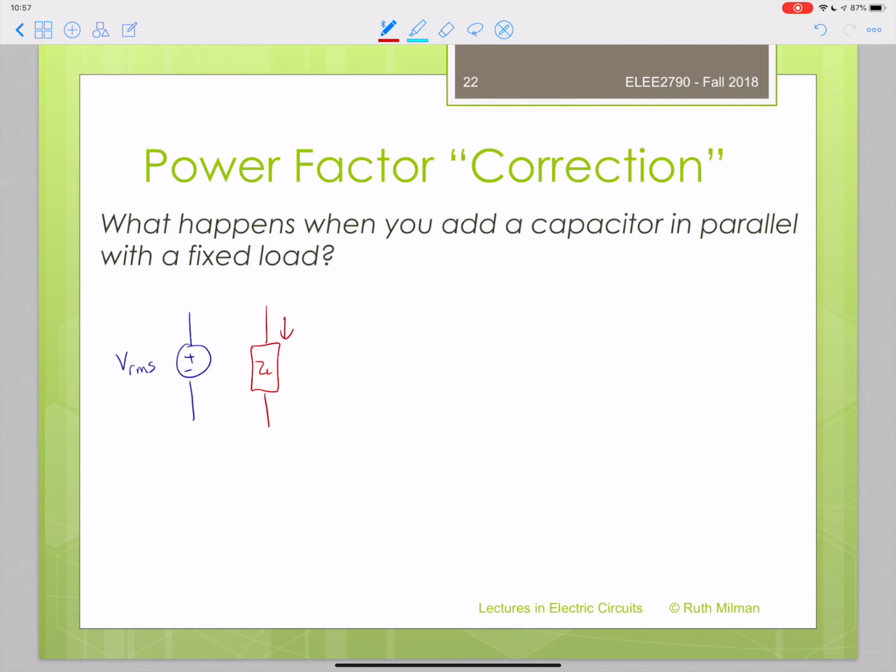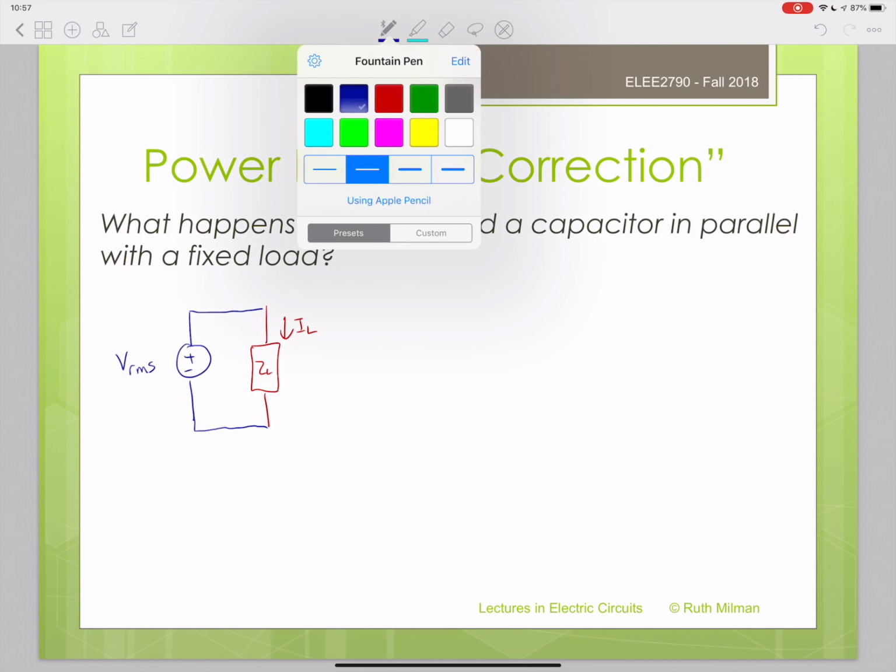That requirement is going to dictate something about the current that goes through it. So we take our load and we connect it to our voltage source. And if this is all we're doing, then there's not much we can do to change the angle. We're basically set with a voltage current angle and we're stuck with what we have.